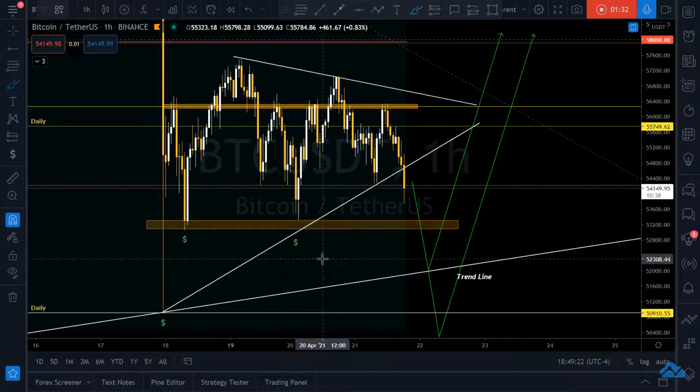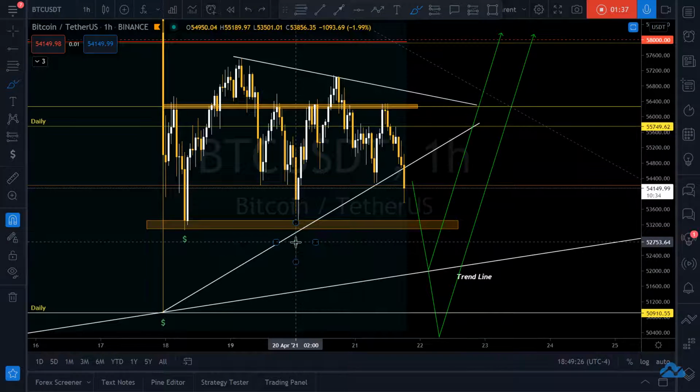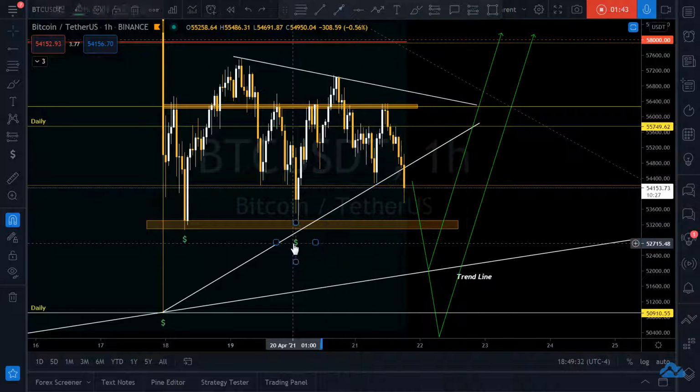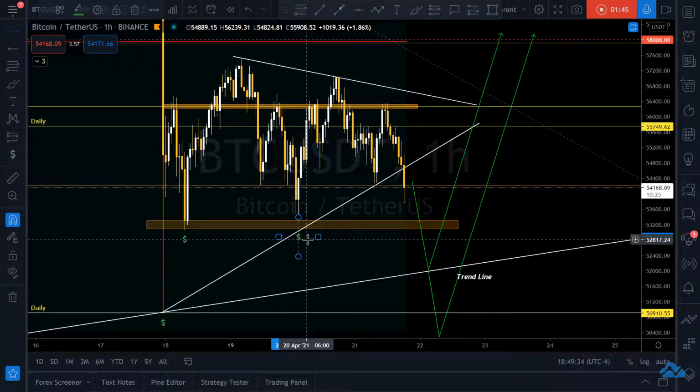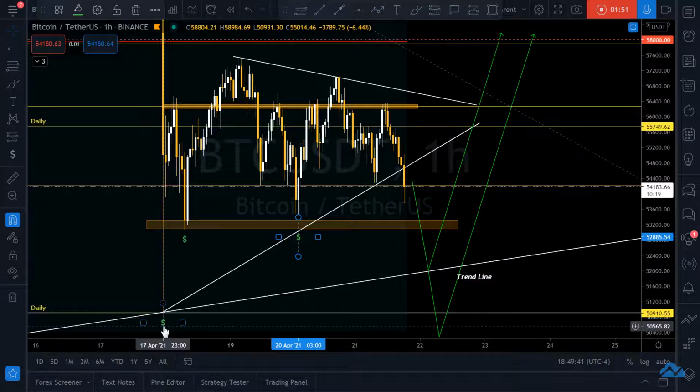Well, I'm going to show you this. See these little things here? Those are dollar signs. I use them to represent liquidity. There are stop losses here for people that took longs. Same here. Same here.